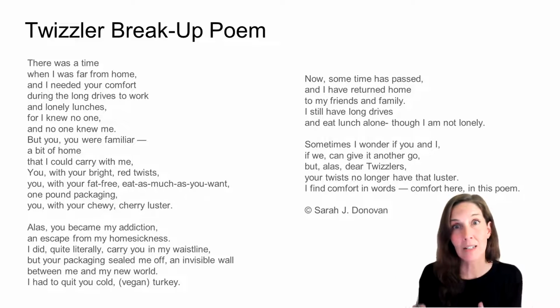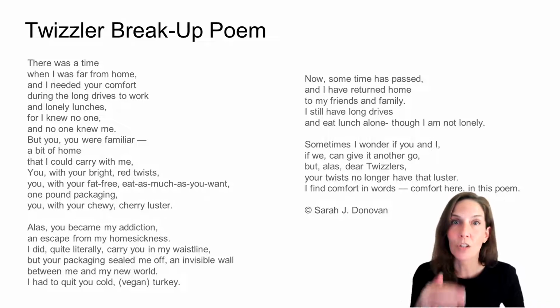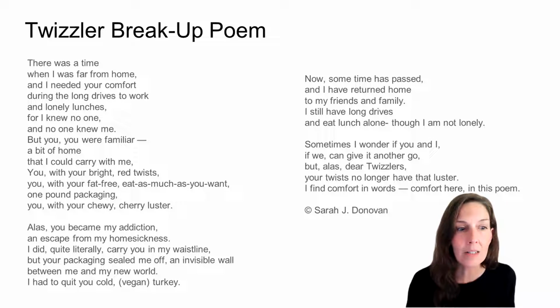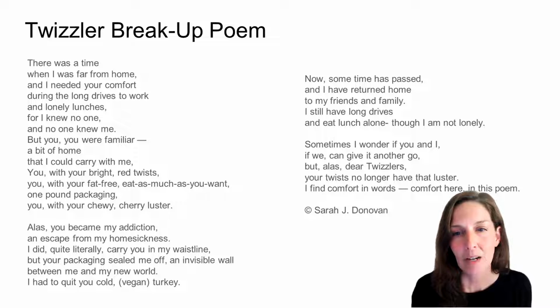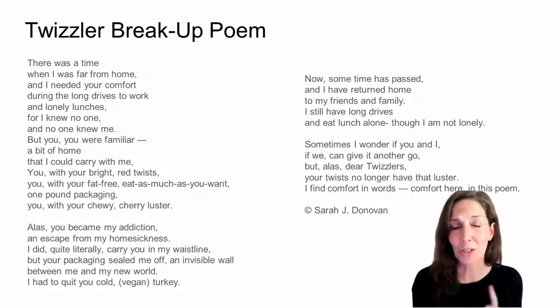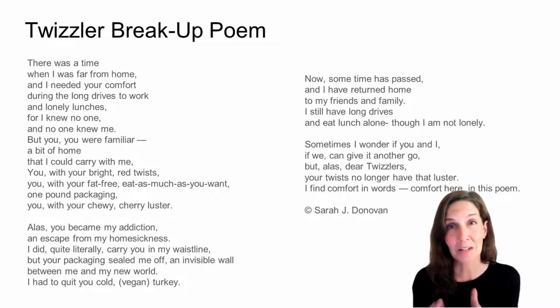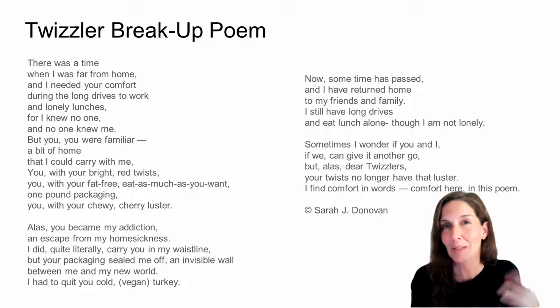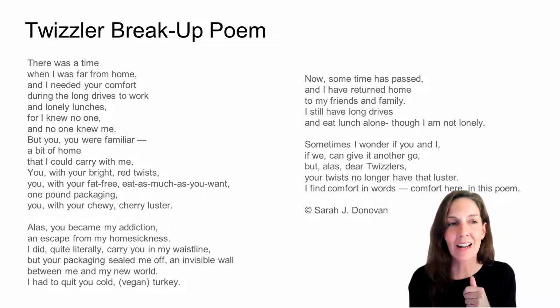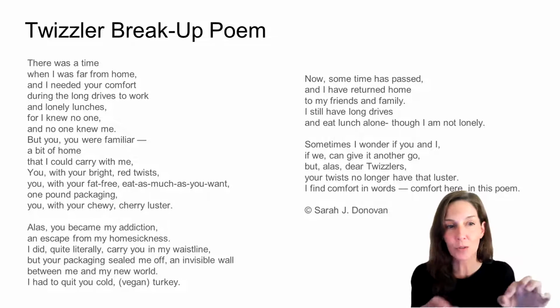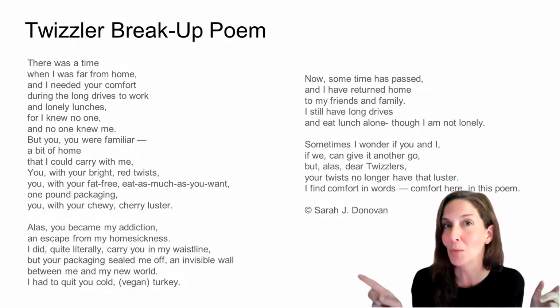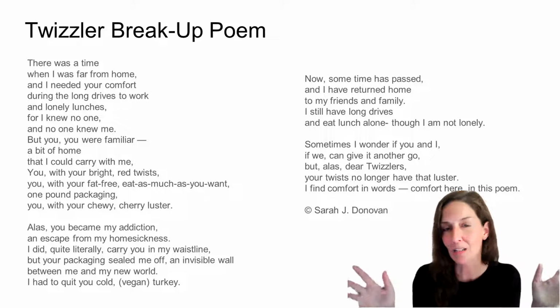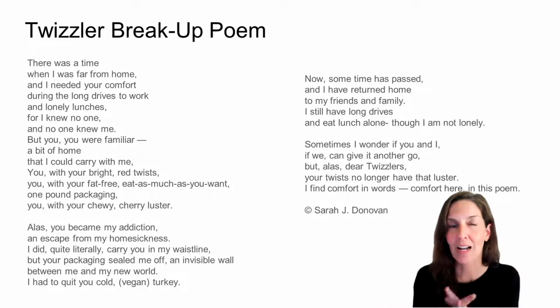I also have stanzas that kind of move the story through different time periods. And I have some humor, a little. I'm trying to be a little funny, I guess, maybe not so much. And here you can just see also the hyphens. I'm using them to make up new words, like eat-as-much-as-you-want, that kind of thing.